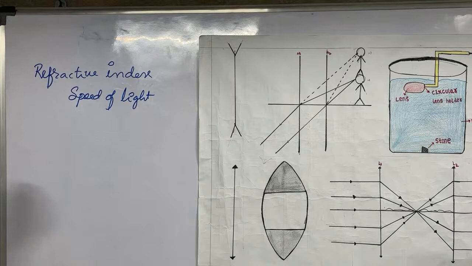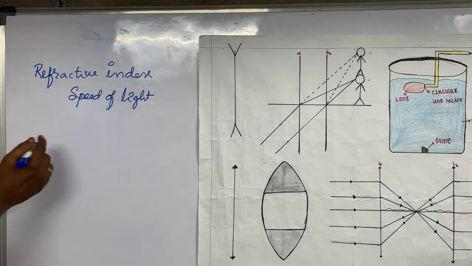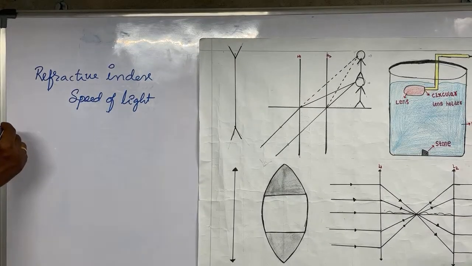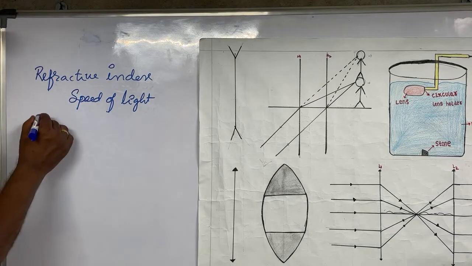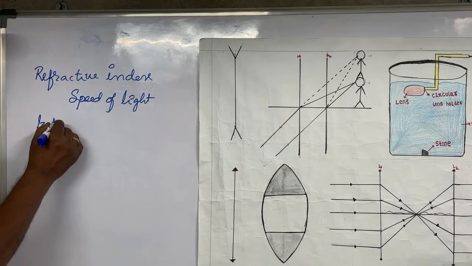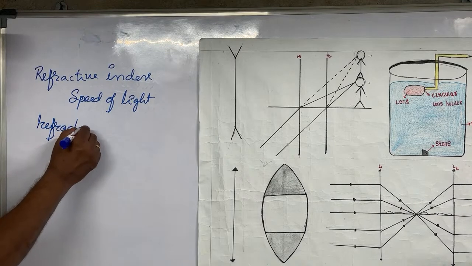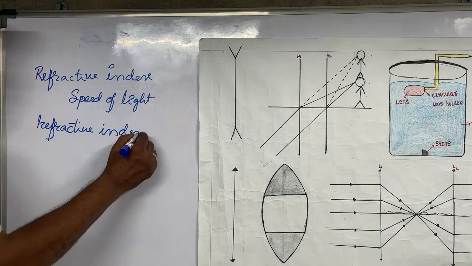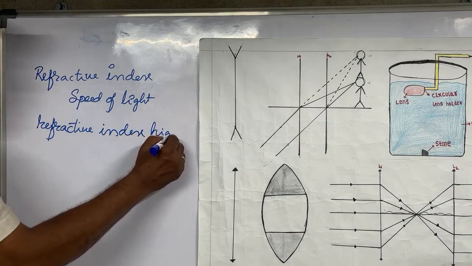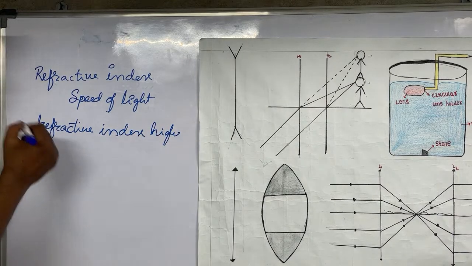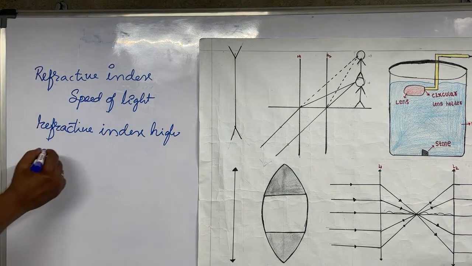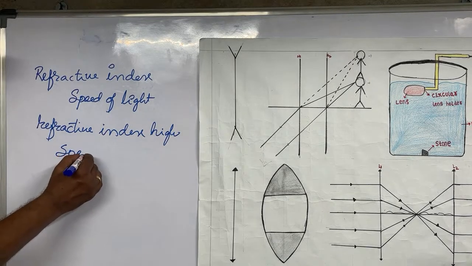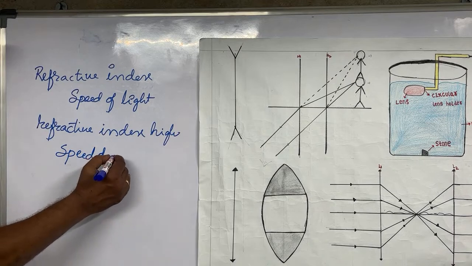And the relation means whenever the refractive index is high, the speed of the light will be low.